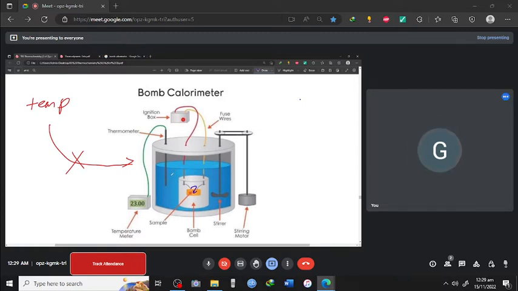So, ano yung silbi ng water sa loob ng calorimeter? Yung silbi ng water sa loob ng calorimeter ay siya yung mag-work as a way para ma-absorb yung energy. So, for example, di ba, magkakaroon ka ng reaction dito sa loob ng bomb cell. So, of course, pag nagkaroon ka ng chemical reaction, meron siyang energy. So, yung energy na manggagaling dito sa sample natin is i-release lang doon sa water.